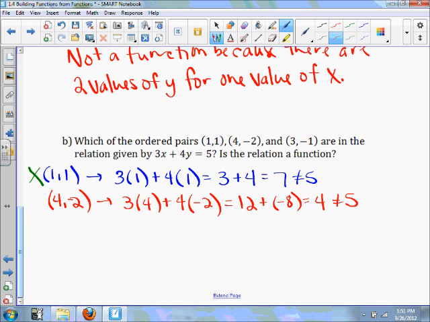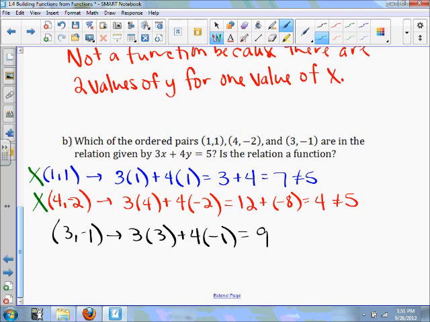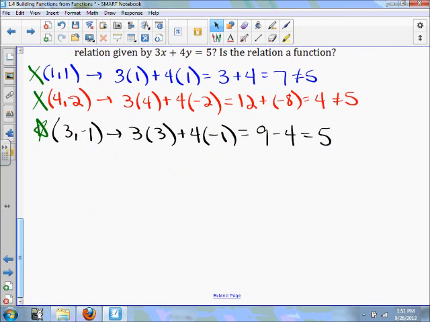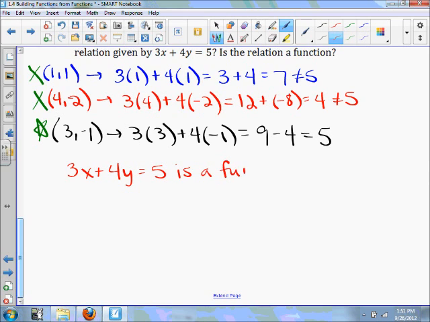That does not equal 5. So (4, -2) is not in the relation. Now if we check (3, -1), 3 times 3 plus 4 times -1, 9 minus 4, which is 5. So (3, -1) is in the relation. And also, 3x plus 4y equals 5 is a function. For each value of x, there is only one y. And if you did solve this for y, you'd understand that this is a line.